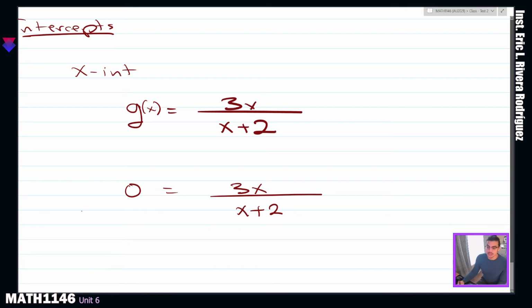Okay, so here are some shortcuts that you can take. When you are looking for the x-intercepts, see how we solve here for x. Because here we have an equal sign, we can multiply both sides by the denominator, so we can multiply both sides by x plus 2.